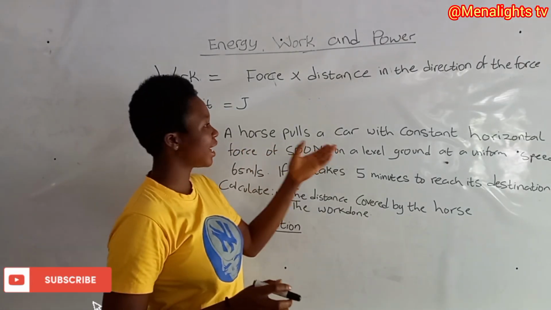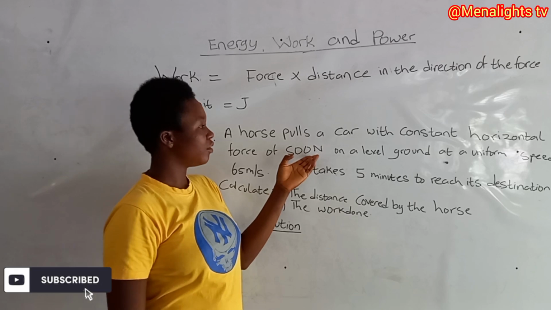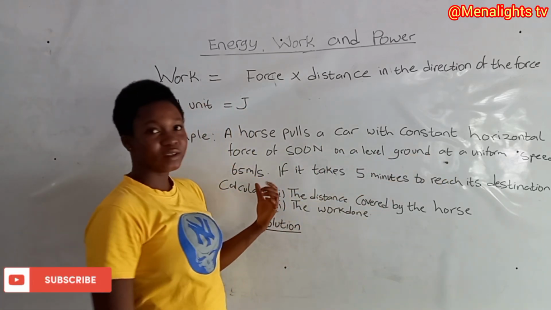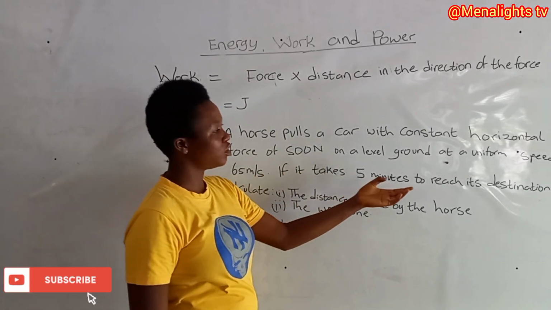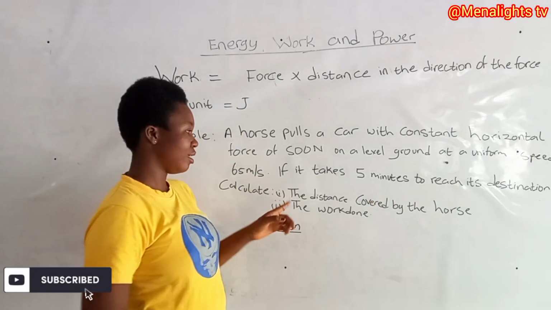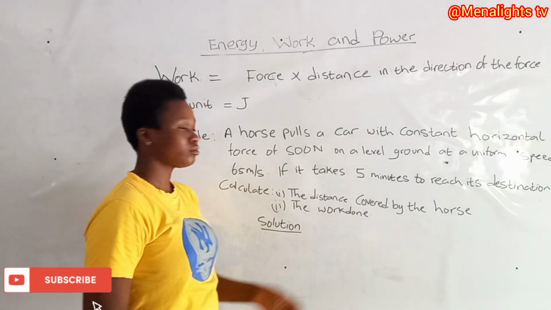A horse pulls a car with a constant horizontal force of 500 newtons on level ground at a uniform speed of 65 meters per second. If it takes 5 minutes to reach its destination, calculate (i) the distance covered by the horse, (ii) the work done.